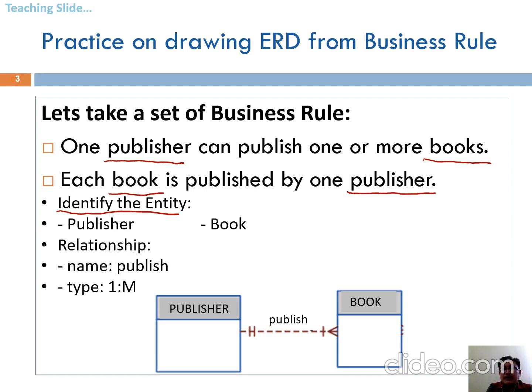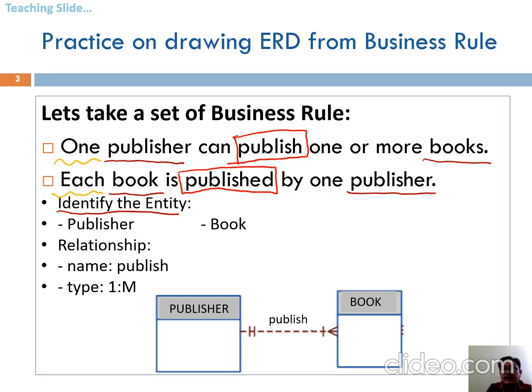Now we look at the relationship. The name of the relationship is publish. Then we look at the type of relationship by looking at the second entity in each business rule. The first entity at the beginning of each business rule, you will always use one or each: one publisher, each book.